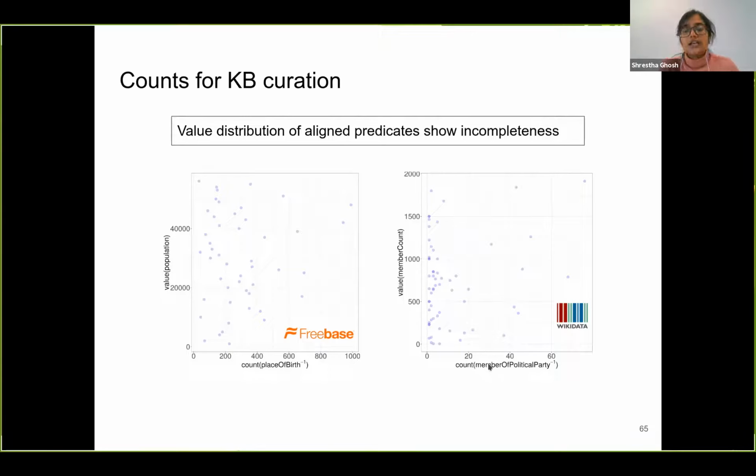If we look at the distribution for different subjects, what the integer counts are and what the number of enumerations are for the enumerating predicate, we see that this is highly incomplete in terms of enumerations, right? Because say, for example, for a particular subject which has 1,500 members, only 2 or 3 members of that party are there in the knowledge base.